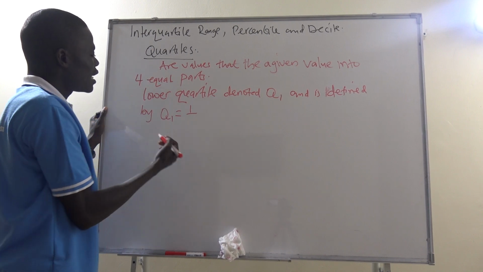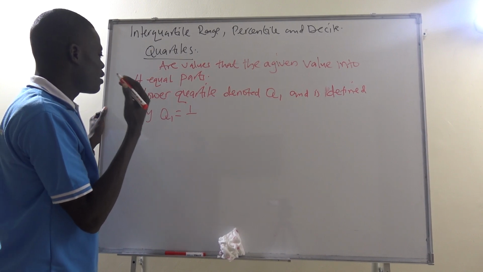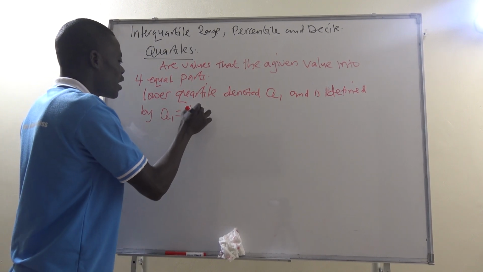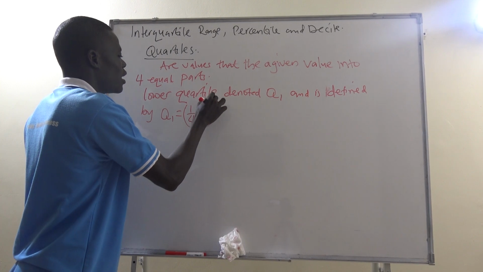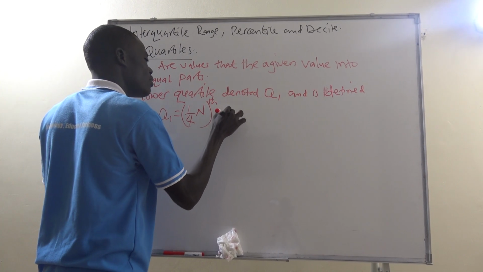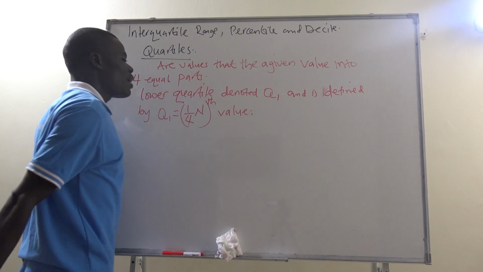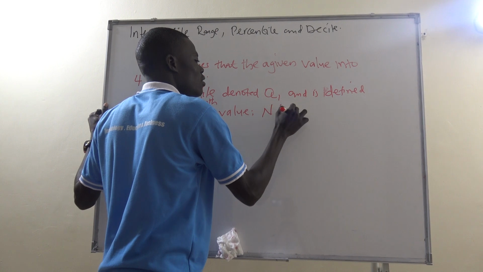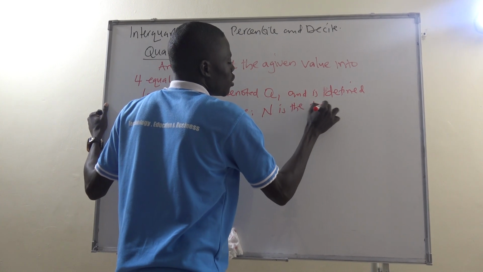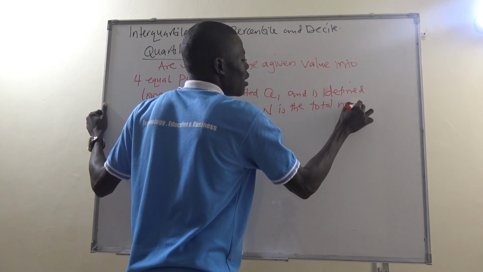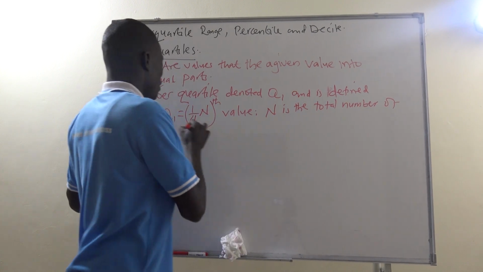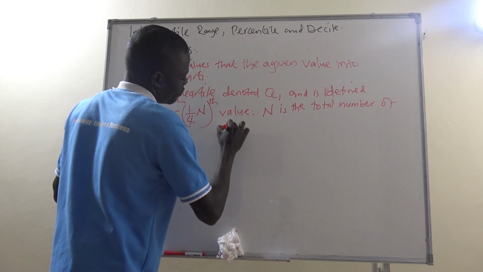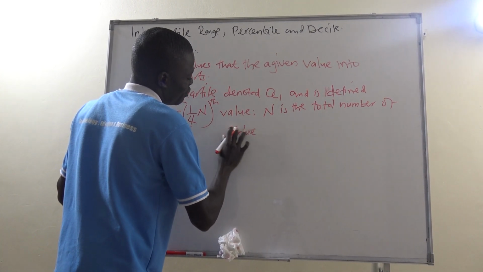It is the first part out of the 4 parts. Then what is our n? n is the total number of variables.